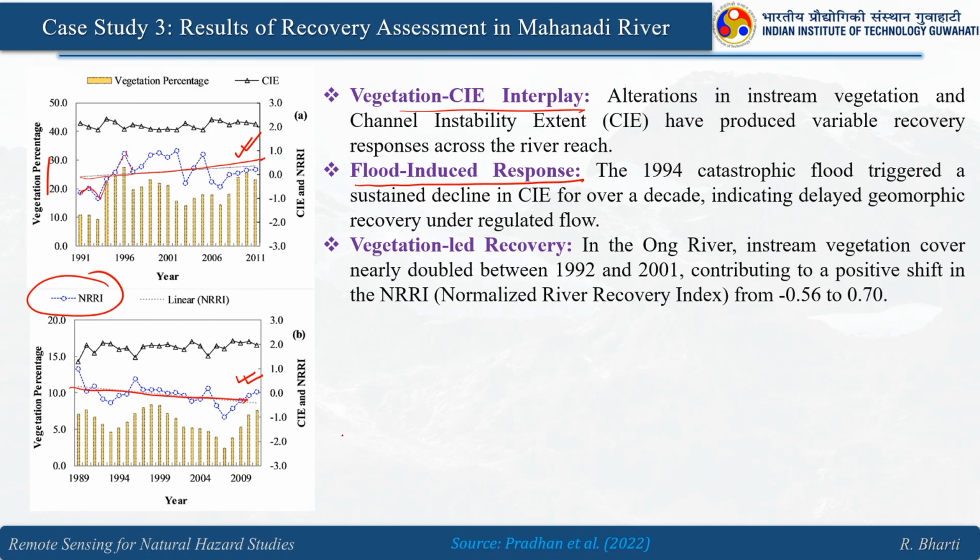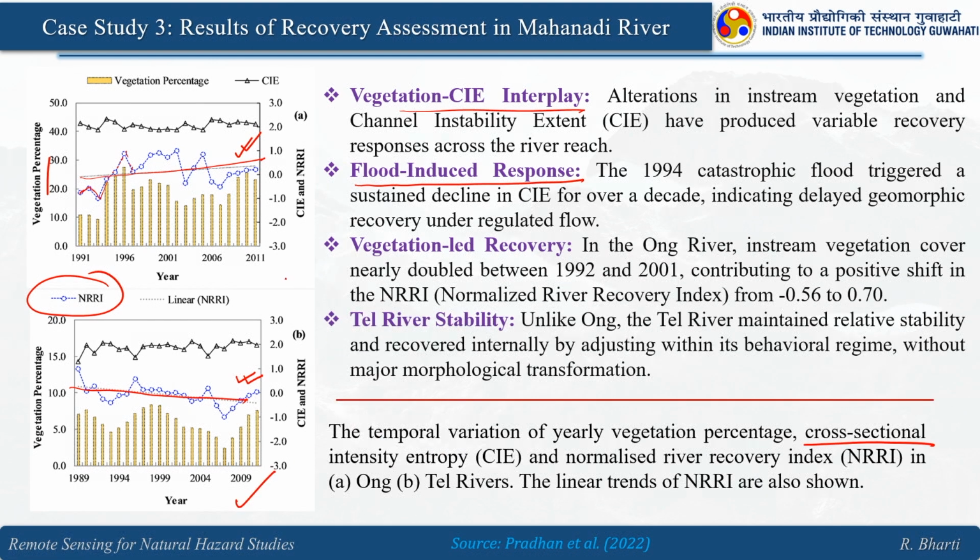So, it is getting disturbed. So, here you can see in these two figures the temporal variation of yearly vegetation percentage, cross sectional intensity entropy and normalized river recovery index are plotted. So, this is ONG, this is TEL, right. So, in ONG the NRRI is going up. So, that means this ONG is towards recovery, but TEL does not show that.